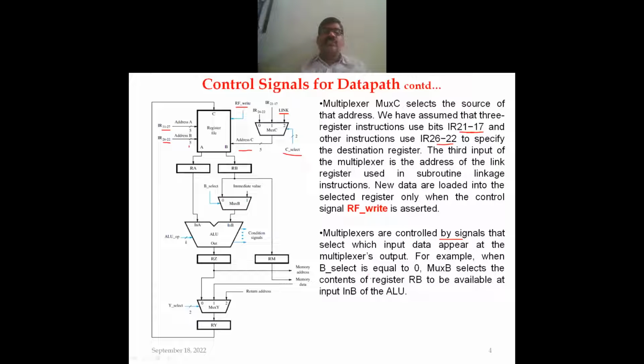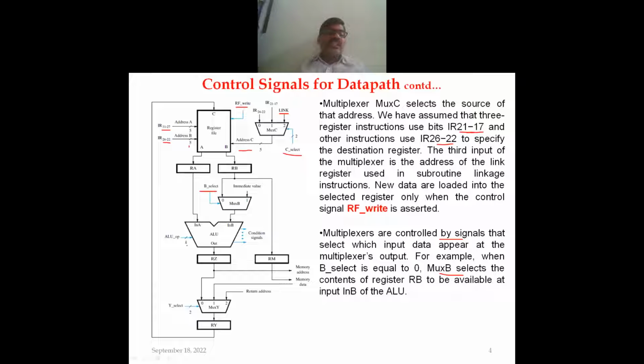When B underscore select is equal to 0, mux B selects the contents of register RB to be available at the input INB of the ALU.